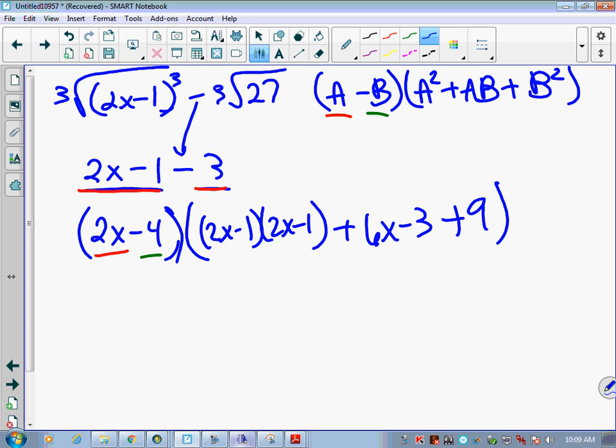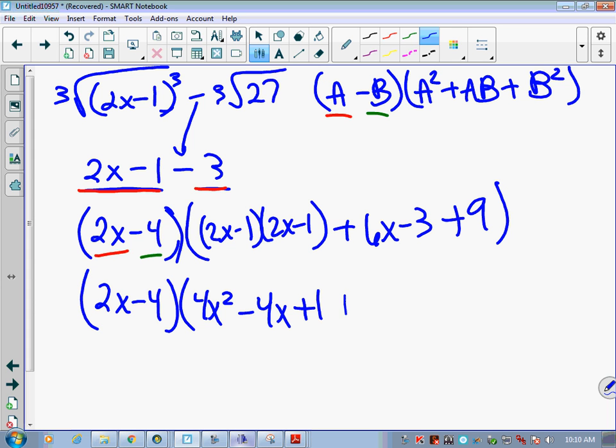Okay, so 2x times 2x is 4x squared, which is the same as what we had. And then we've got 2x times negative 1, which is negative 2x, and negative 1 times 2x, which is negative 2x. Well, negative 2x plus negative 2x is negative 4x, right? Okay, and negative 1 times negative 1 is positive 1, plus 6x minus 3, plus 9.